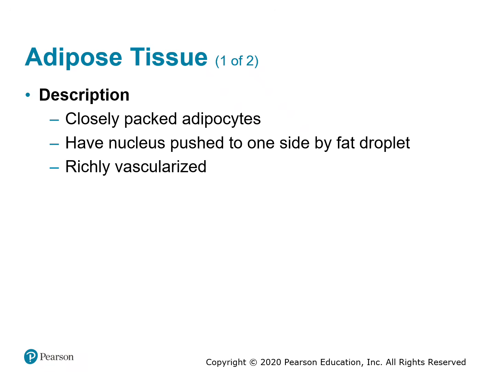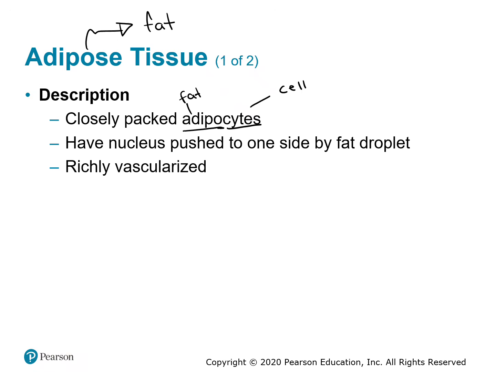Adipose tissue. Adipose is the fancy science word for fat. Okay? Adipose tissue will have some very closely packed adipocytes. Those are fat cells. Adipo means fat. Cyte means cell. Literally fat cells. And their nucleus are pushed to one side by that fat droplet. Okay?